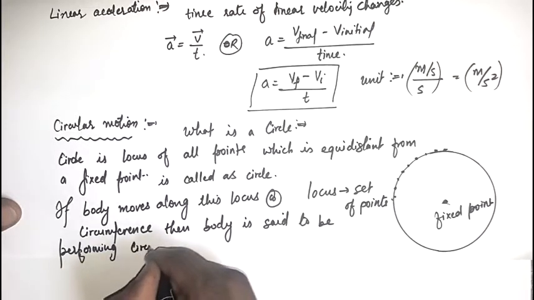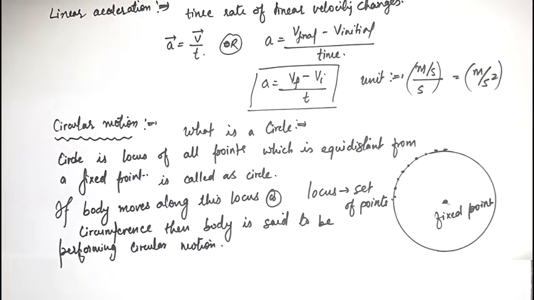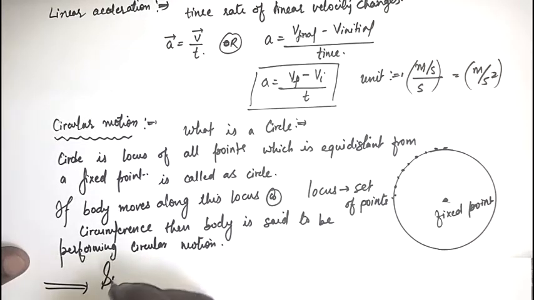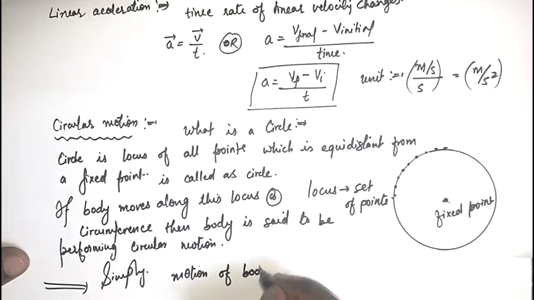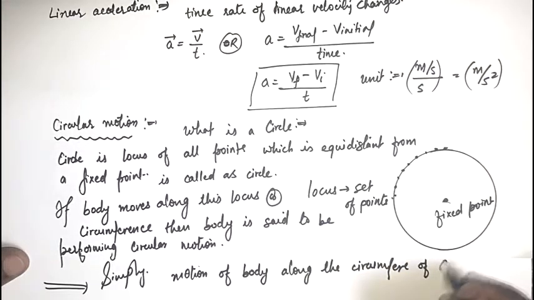This is the introductory part where I tried to make you understand how linear motion gives you linear velocity, linear acceleration, and linear displacement and distance. And when linear motion turns along the circumference of a circle, that is, the locus of all points, it starts performing circular motion. So simply, we can define the motion of a body along the circumference of a circle as circular motion.